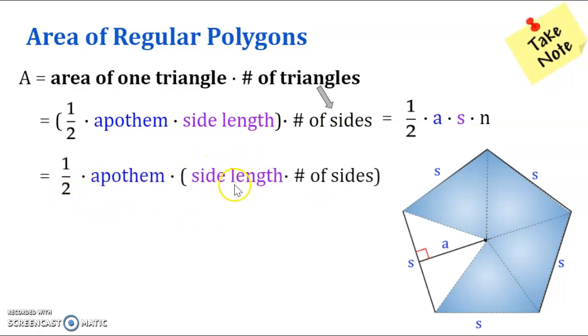And if I rewrite this and put the side length and number of sides together, what do we get? Each side length is S, multiplied by the number of sides. That's going to give me the perimeter. So we can rewrite this equation as half times A times P, P being the perimeter, A being the length of apothem.